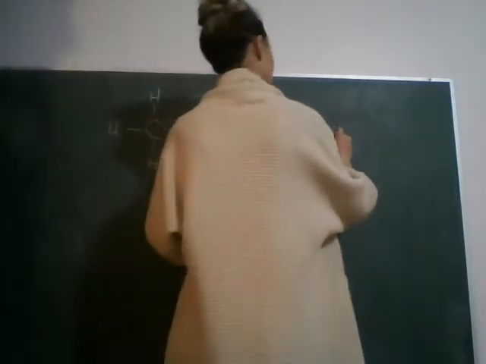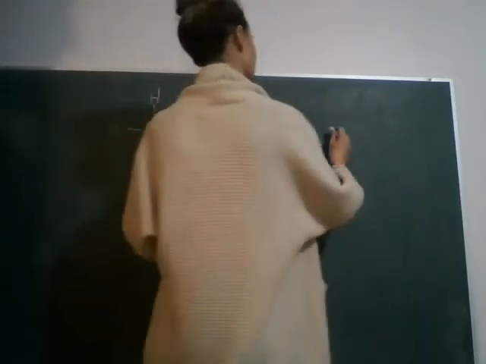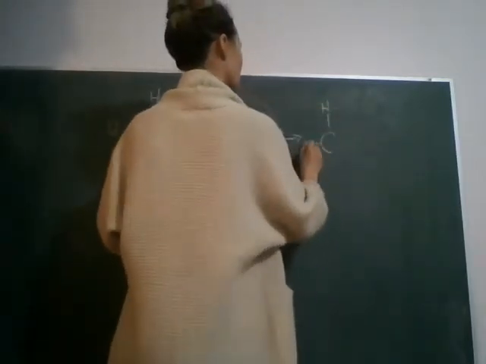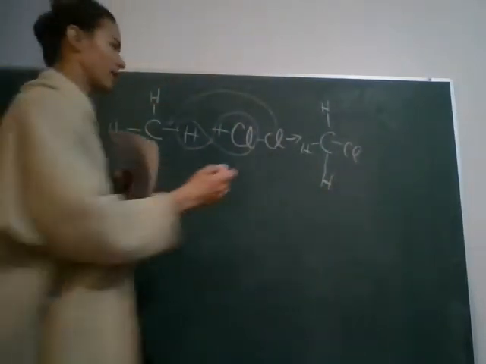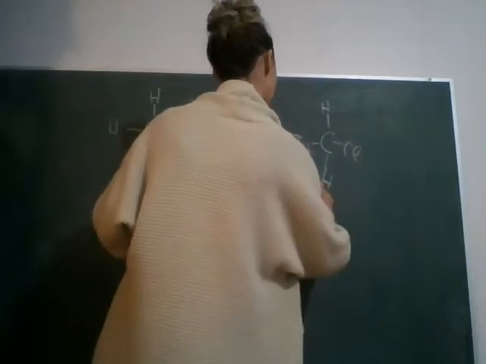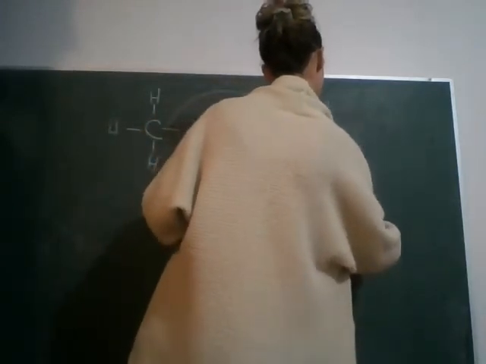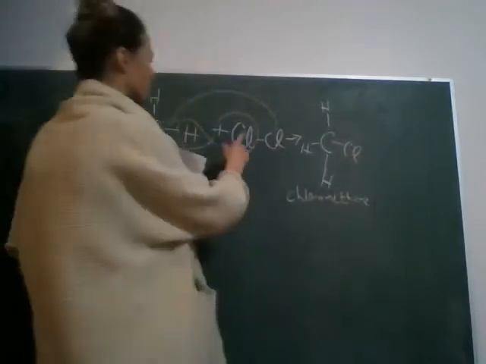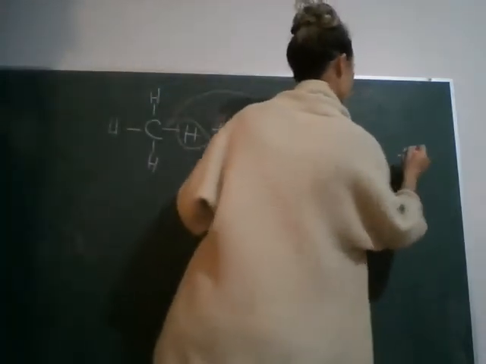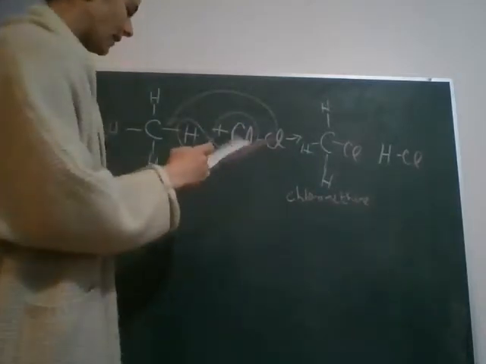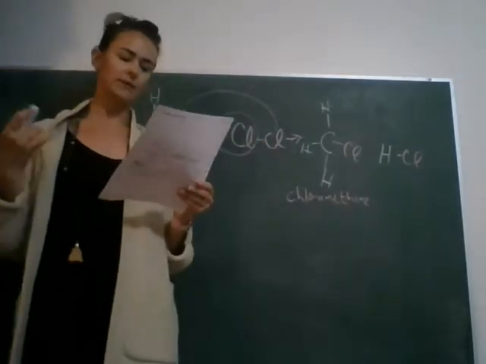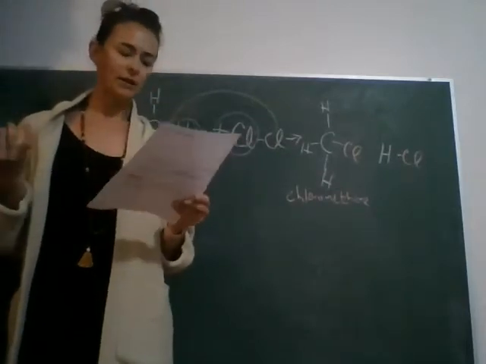So we get our regular hydrogens, and this chlorine comes in here, and we get chloromethane, and then our leftover HCl. Hopefully you can see the different colors because it really helps explain where things are coming from. The same thing applies with bromine, fluorine, iodine, any of your halogens.